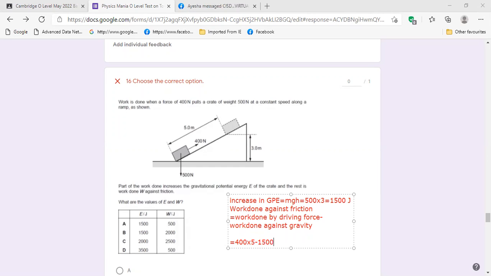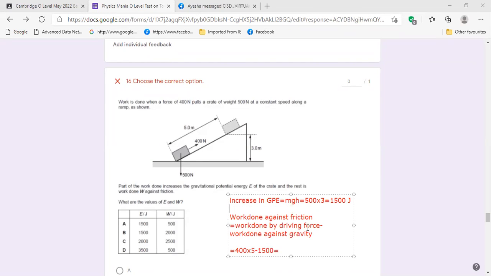So what is the answer here? Mahi, what is the answer here? Sir, I'm checking. What is the answer here? Sir, 500. So you understood it. Work done against friction is coming from work done by driving force minus work done against gravity.